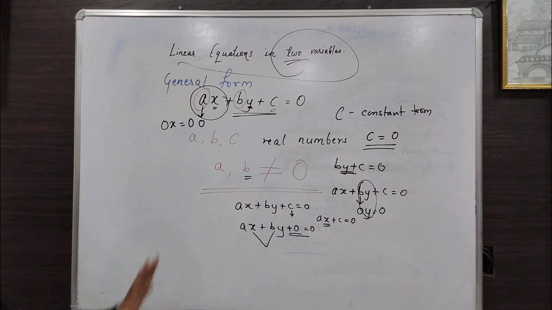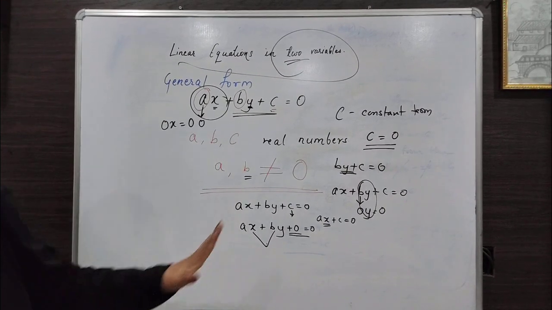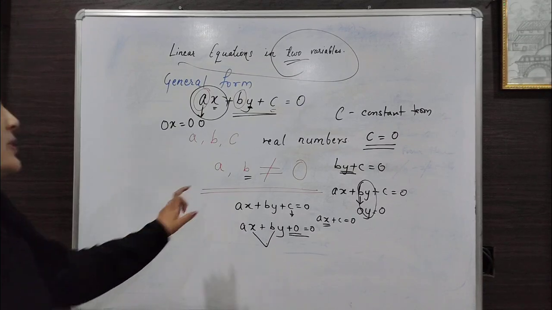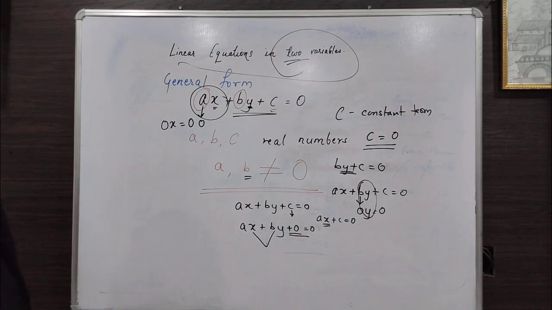So this is the basic idea of ax plus by plus c is equal to 0, where a, b, c are real numbers, but the condition is a and b should not be equal to 0.